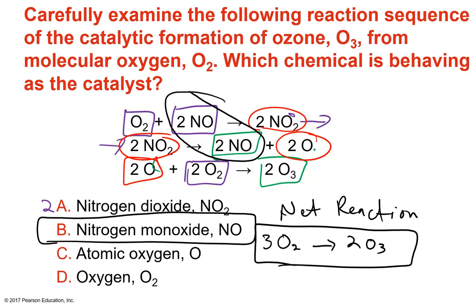The NO doesn't appear in that net reaction because it wasn't used up. So catalysts don't appear in the net reaction, but they're part of the reaction sequence. Making sense? A little confusing?